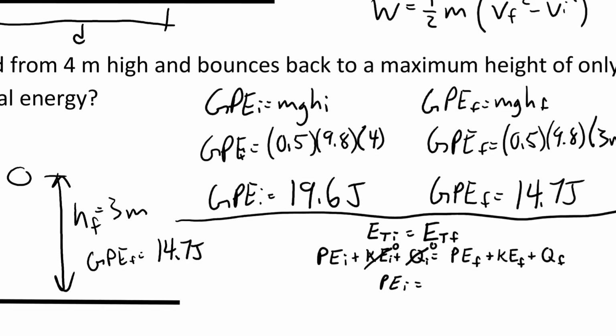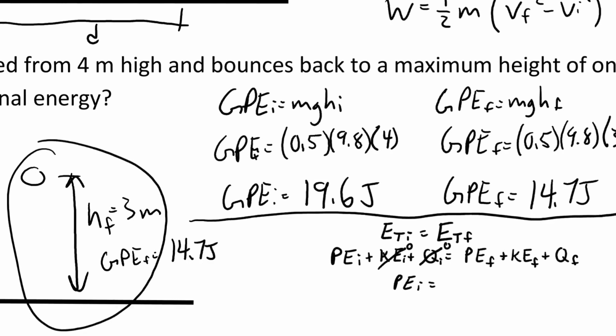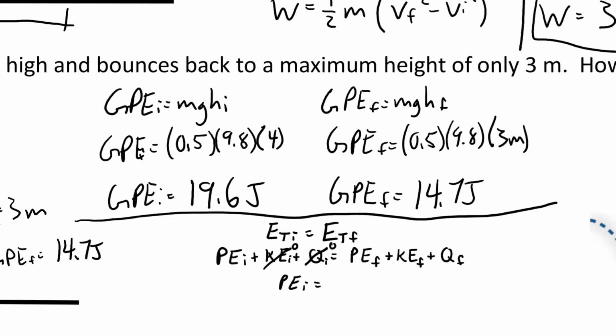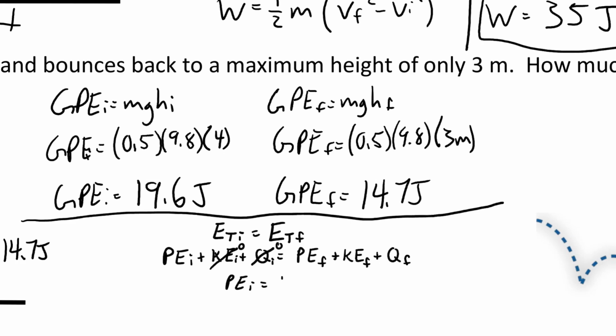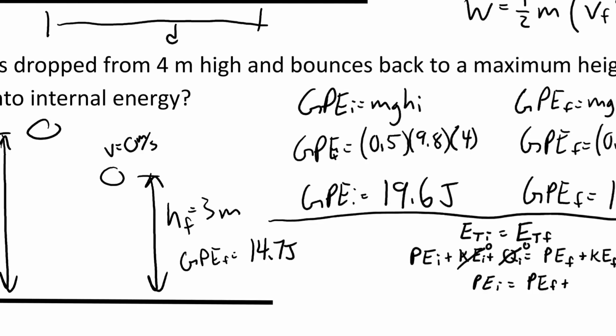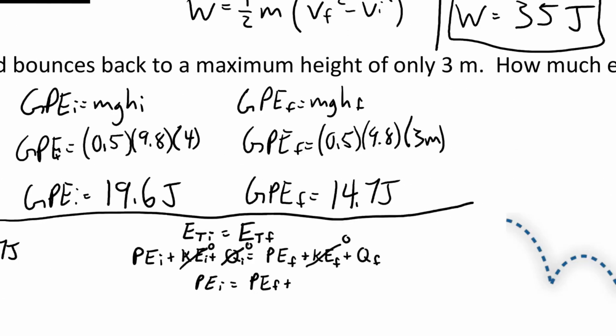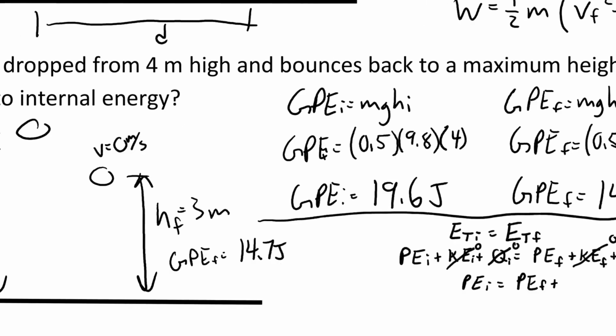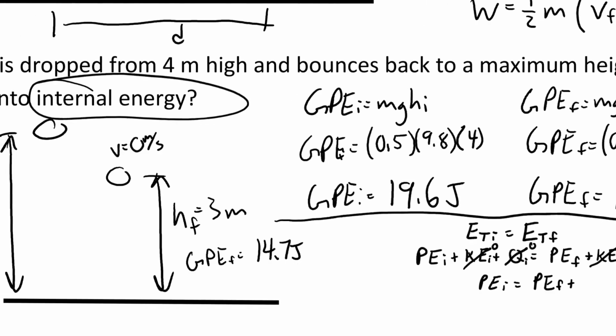Now the final situation is when it's 3 meters above the ground. All right, so now you're not as high as it was before, but you definitely still have some potential energy. And hold on a second, we said you're not moving at the top, so there's no kinetic energy either. But it says it's transferred into internal energy.